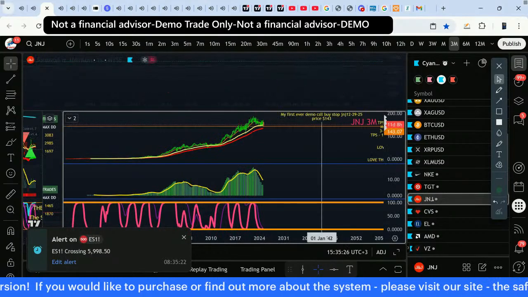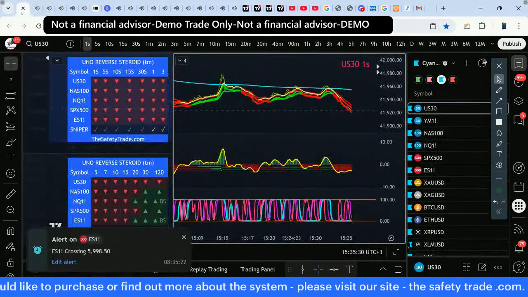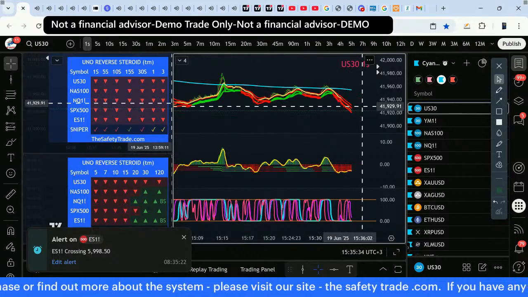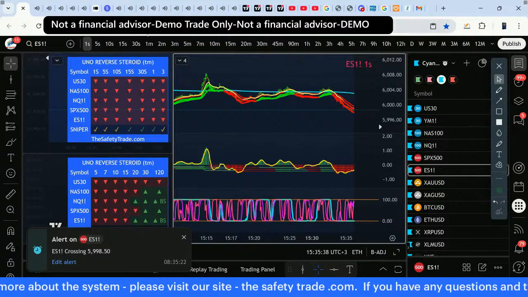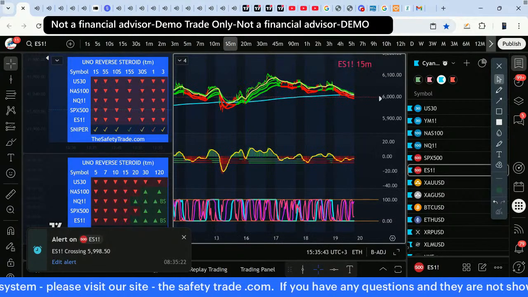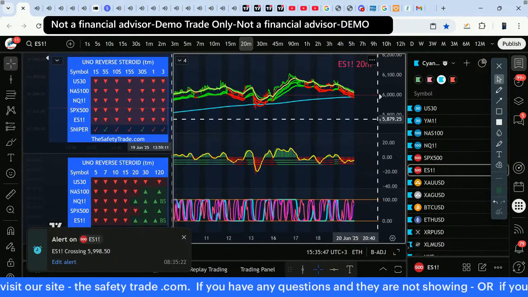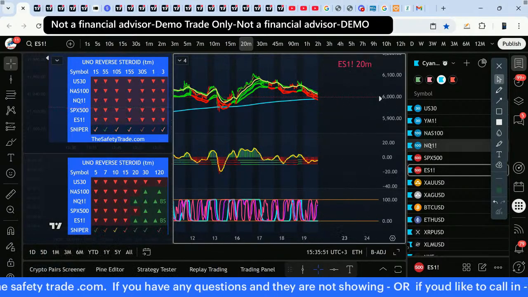We have a little movement on. Let's see. Oh, is that our sell? Let me see ES1. And if it is, ES1 down to the 20-minute sell that I called, yay.